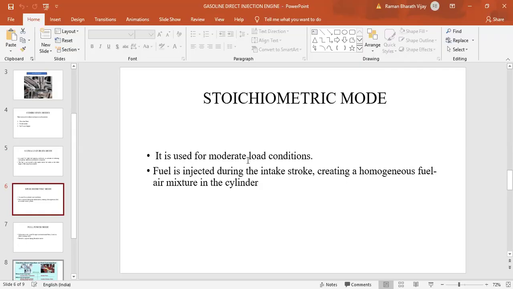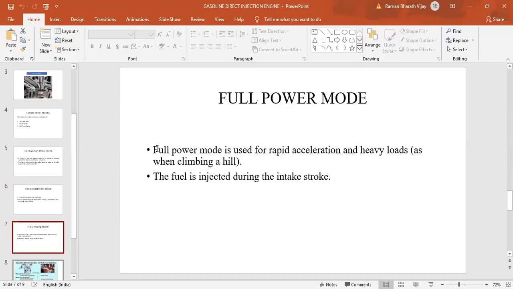In ultra lean burn mode, the fuel is injected at the compression stroke, whereas in stoichiometric mode, the fuel is injected at the intake stroke. Then we will go to full power mode. When you climb a hill, or if the vehicle is carrying heavy loads, or is at rapid, constantly changing acceleration, then you use full power mode. Here the fuel is injected during the intake stroke.